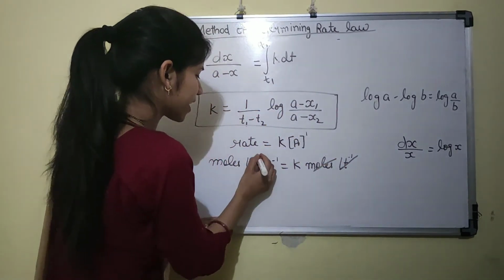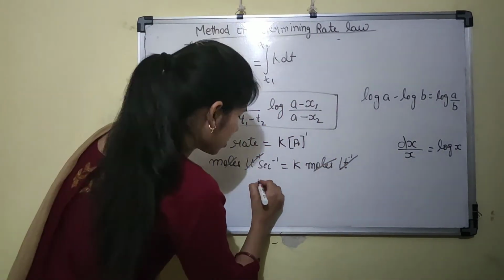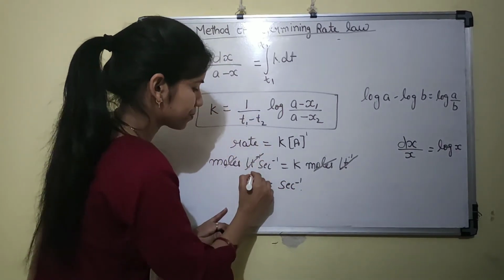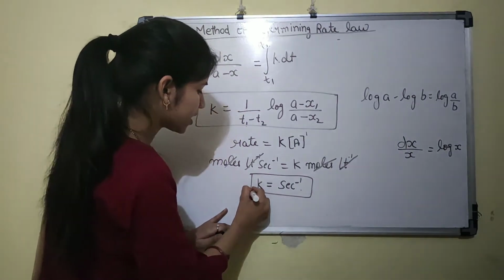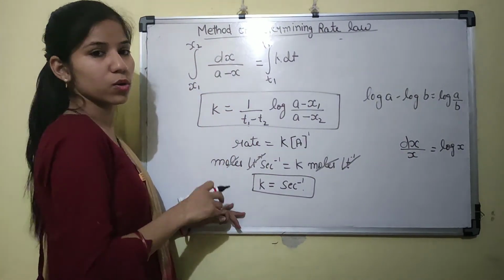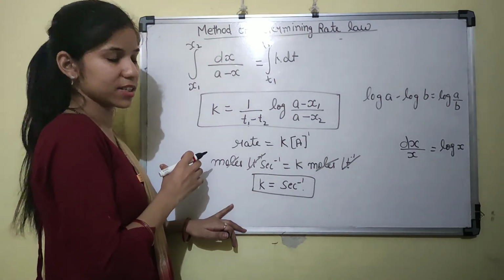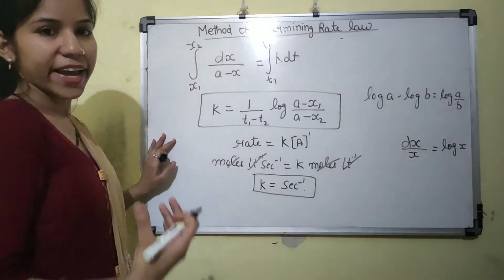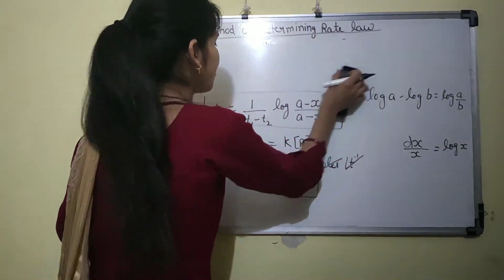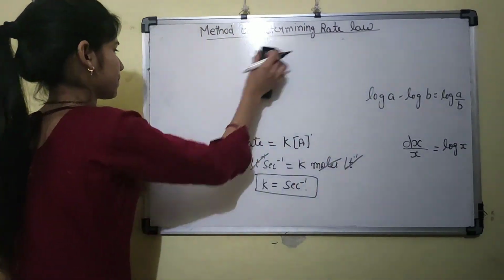So this cancels out, and the unit of first order rate constant is per second. And in this we can say that the rate of reaction depends on the concentration of the reactant. An example of first order reaction is inversion of cane sugar.